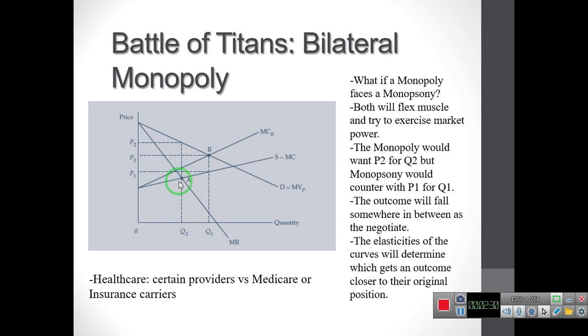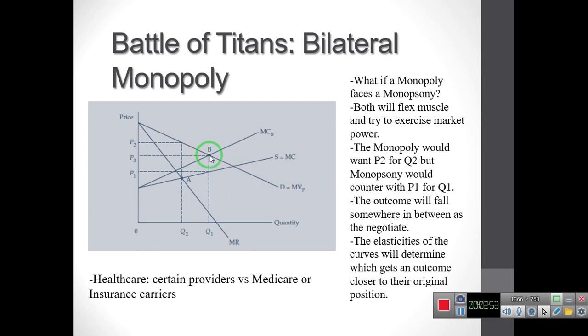Now, what happens with the monopsony? The monopsony is going to use the exact same strategy. They're going to find that point where the marginal cost equals the marginal value, and for them, it's going to be point B. That's the marginal cost for the buyer, and the marginal value would be the demand curve in this case.